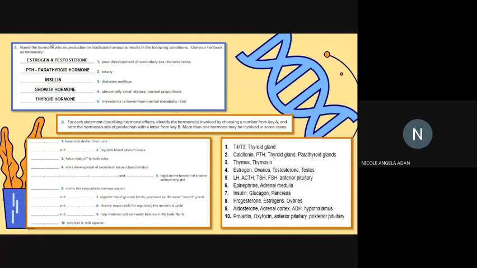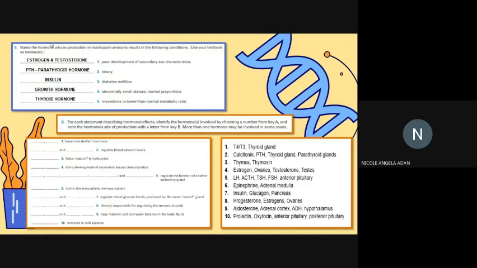So the hormones are LH, ACTH, TSH, and FSH, which are secreted by the anterior pituitary. Number 6, it mimics the sympathetic nervous system. The hormone is epinephrine and it is secreted in the adrenal medulla.